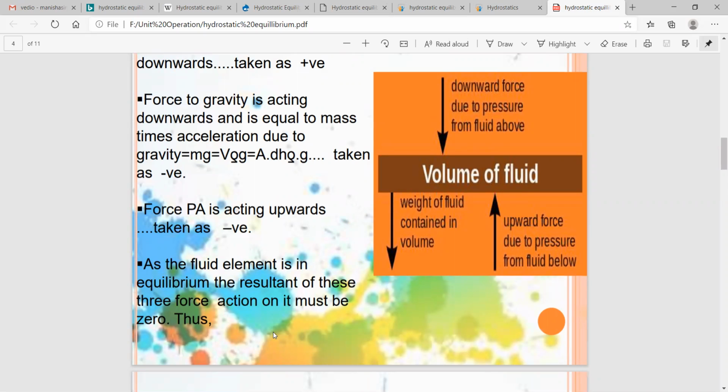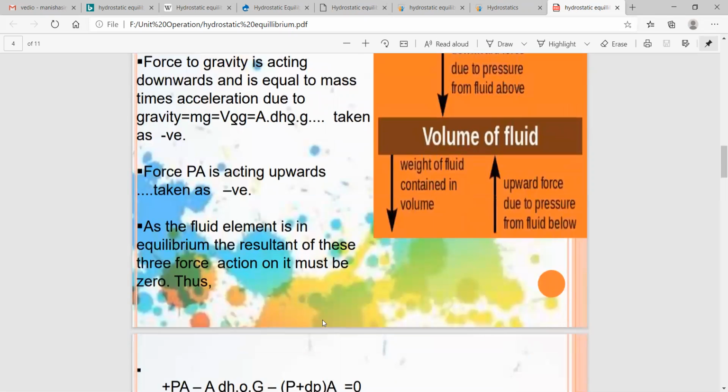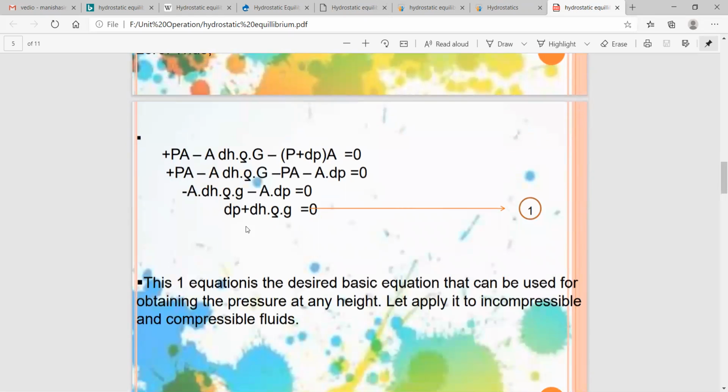Force PA acts upwards, taken as negative. As the fluid element is in equilibrium, the resultant of these three forces acting on it must be zero. Thus, we get the equation dP plus dH rho g equal to 0.